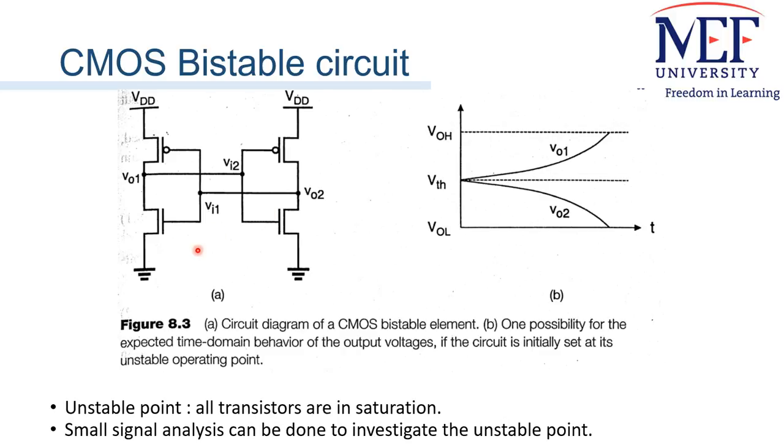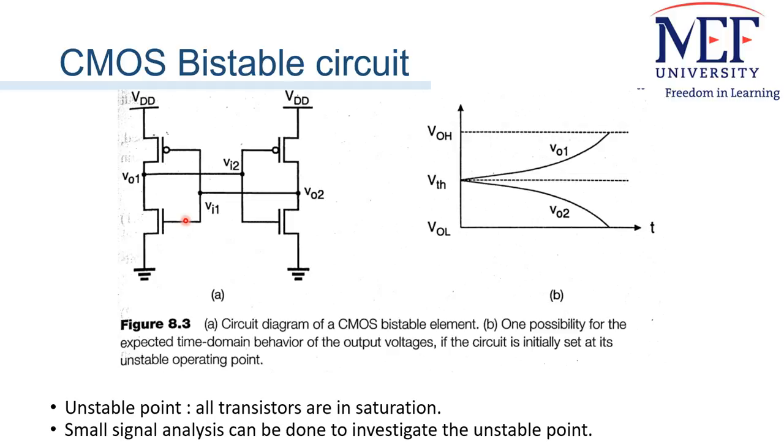Here you see the transistor level of the bistable circuit. We have 4 transistors, and at the unstable operating point of this circuit, all 4 transistors are in saturation, resulting in a maximum loop gain for the circuit.